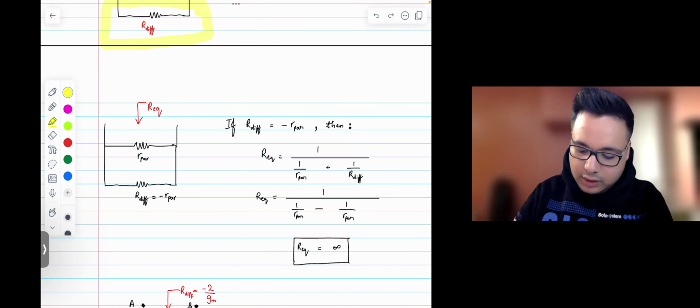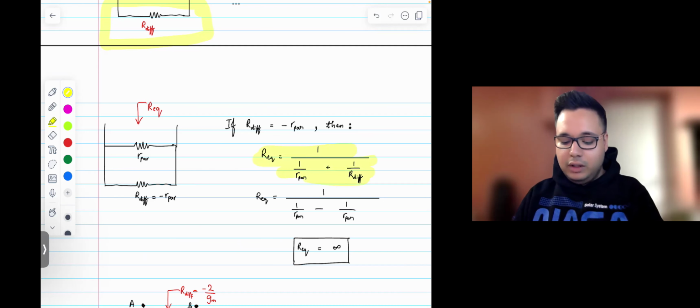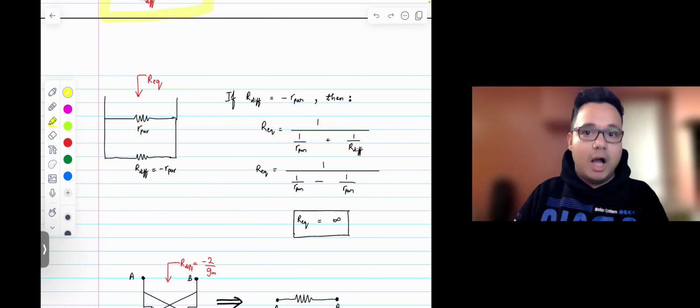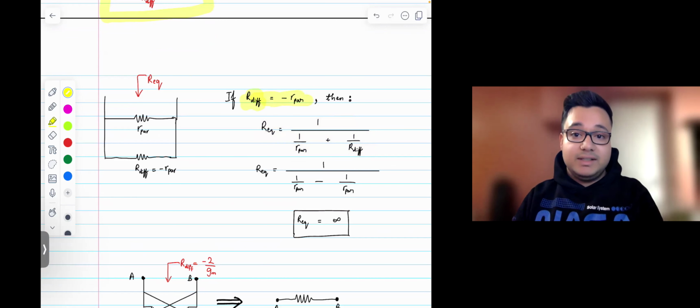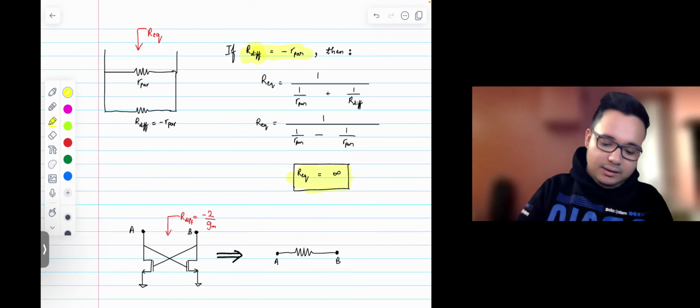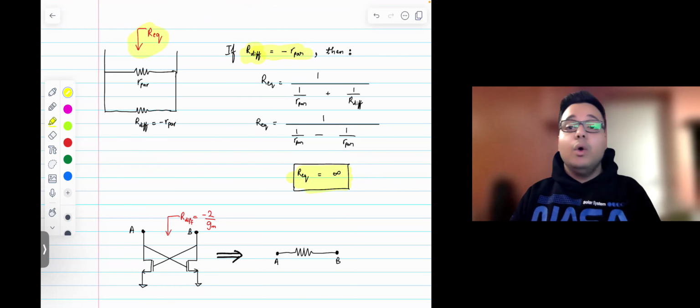The equivalent resistance of this parallel combination will look something like this. Now, if we can ensure somehow that this negative resistance is equal to the negative of R parasitic, then the equivalent resistance looking into this node would be infinite.